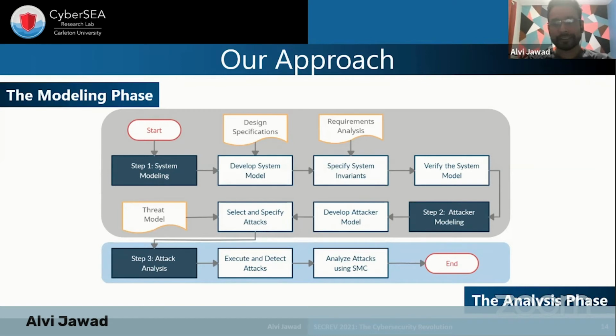And then we move towards the analysis phase. So in this phase, we execute attacks on our system, and we detect those attacks based on violations of our system invariants. And finally, after we have detected these attacks, we have detected that there's some sort of impact that's going on in the system. We analyze the impact of those attacks using statistical model checking.